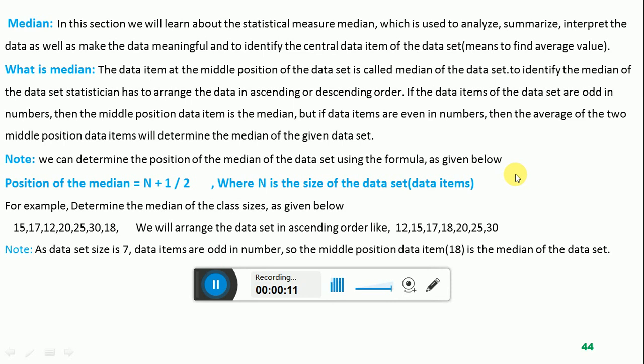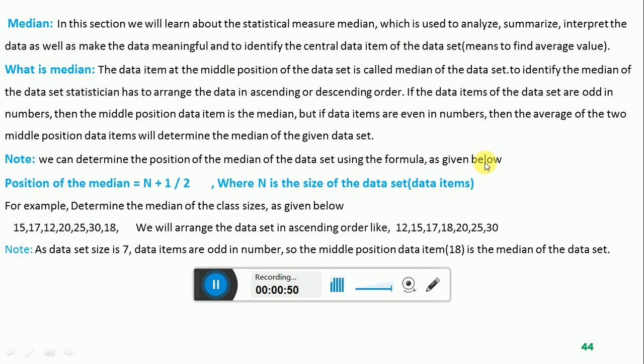In this section we will learn how a statistician can analyze, summarize, present and interpret large data using the descriptive statistical tool median, how a statistician can identify the central data item of the data set using median, or how a statistician can identify the mean or average value for the given data set to interpret the data using the descriptive statistical tool median. In this section we will introduce another statistical tool, median.